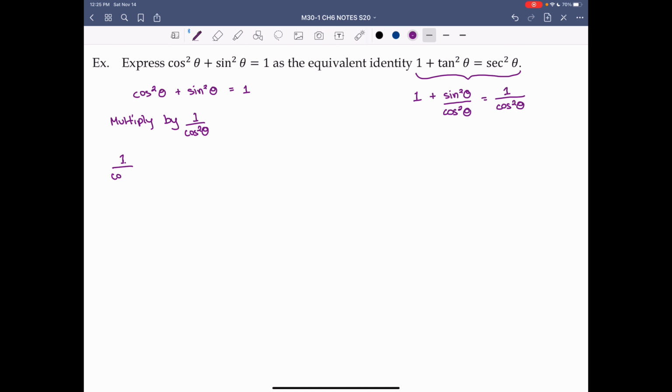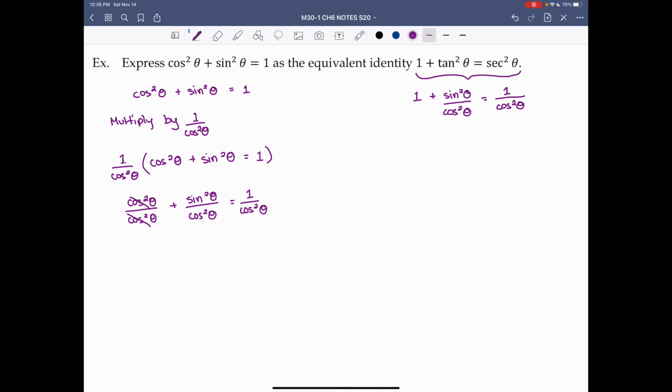One over cos squared theta times cos squared theta plus sine squared theta equals 1. The first term becomes cos squared theta over cos squared theta, plus the second term is sine squared theta over cos squared theta, and the third term is 1 over cos squared theta.